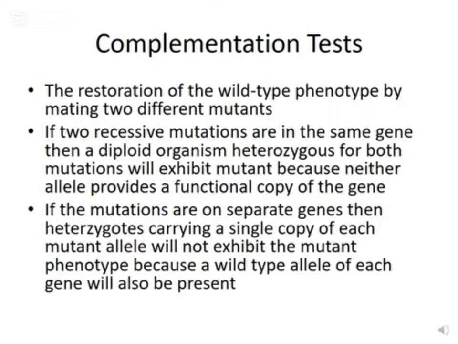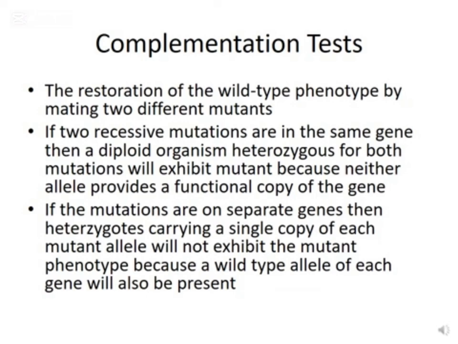So the major idea is that if we have two recessive mutations on the same gene, then the diploid organism that is heterozygous for both mutations will exhibit the mutant phenotype, because neither allele is going to have a functional copy of the gene. That means we're going to get the recessive mutation.